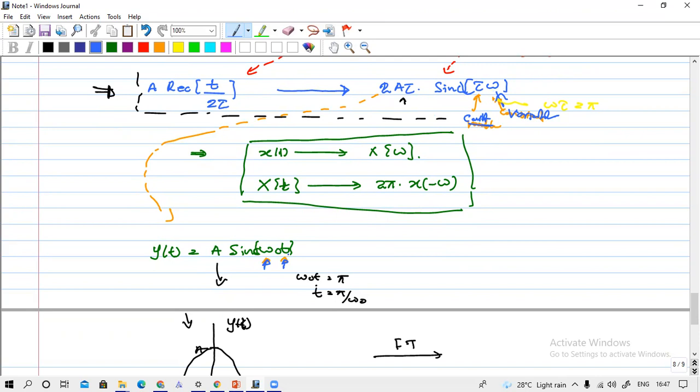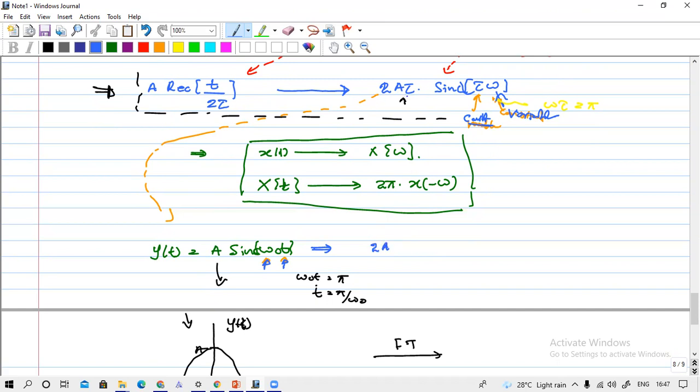If I form this signal in this way, because this signal we know the Fourier transform, here 2 is there, so I put 2A.